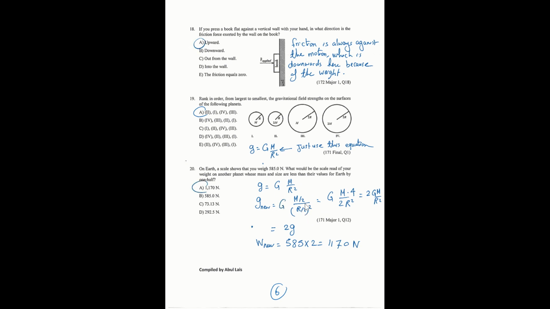So 4 will go upwards and 2 will go downwards, so it becomes 4 over 2. That's why I wrote 4 over 2 here. Now cancel 4 with 2, end up with 2GM over r squared, or 2g. So g is the gravity on Earth. So if it's double the gravity on Earth, then also the weight must be double. Then it's 2 times 585. That would be 1,170 newtons.